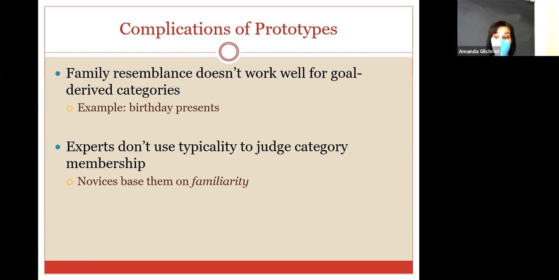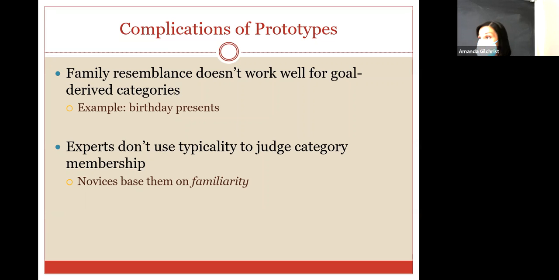If they're not an expert, they're a novice. They asked both the experts and the novices to provide typicality ratings. What they ended up finding is that experts don't use typicality, and novices don't use typicality either.